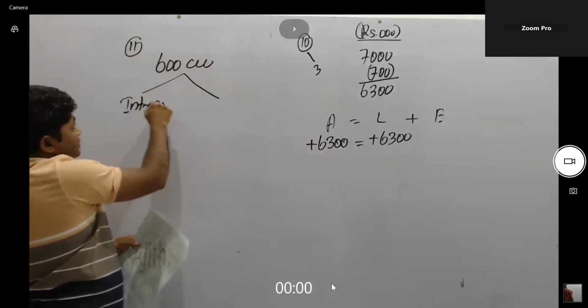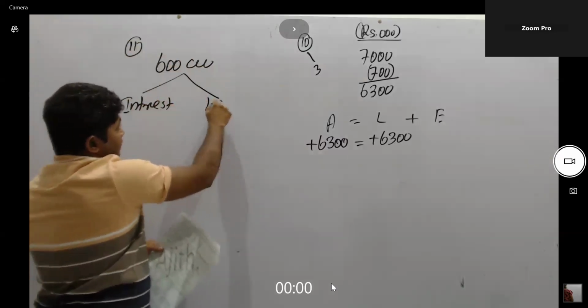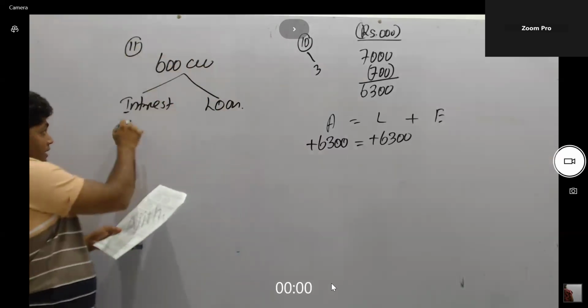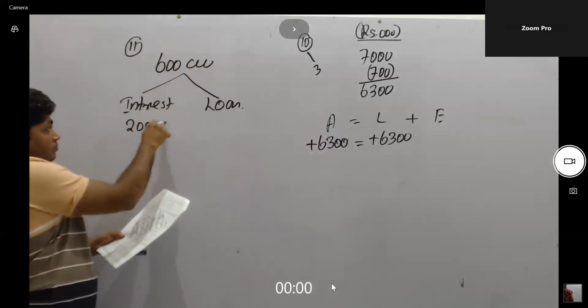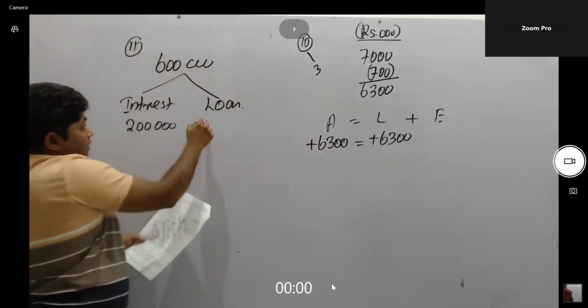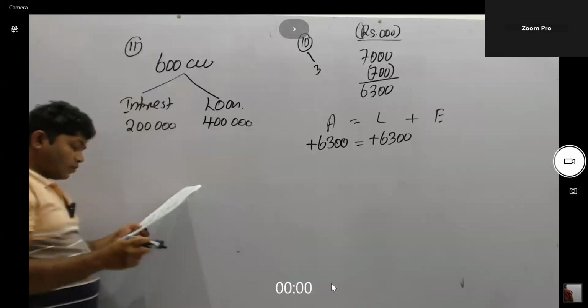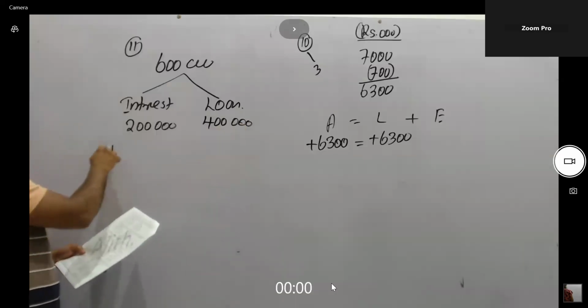Interest, that is an expense. The balance part was paid as a loan. Think it included interest equal to 200,000. It means the amount paid as a loan equals 400,000.